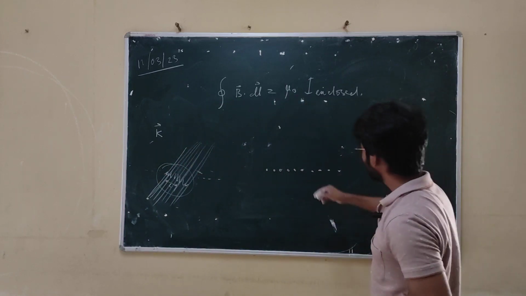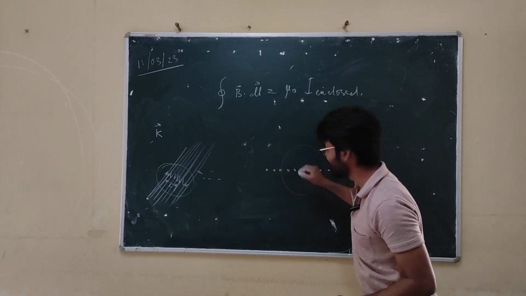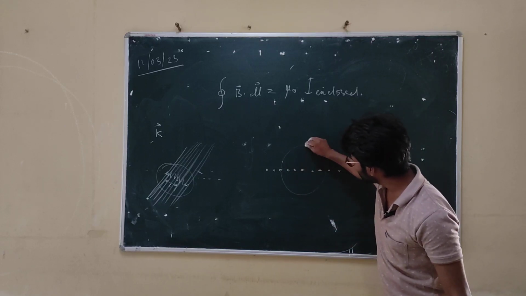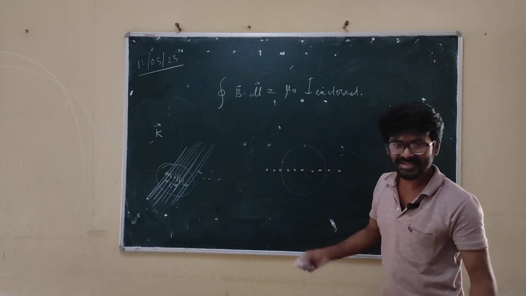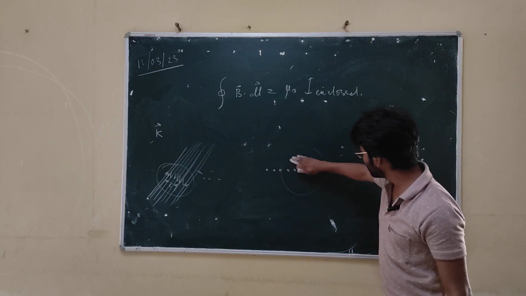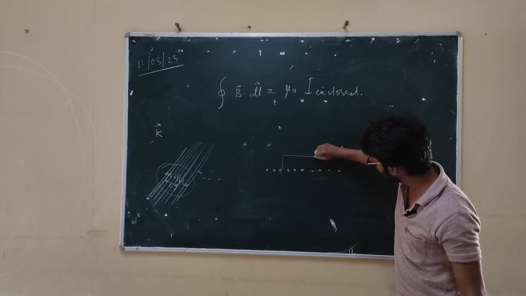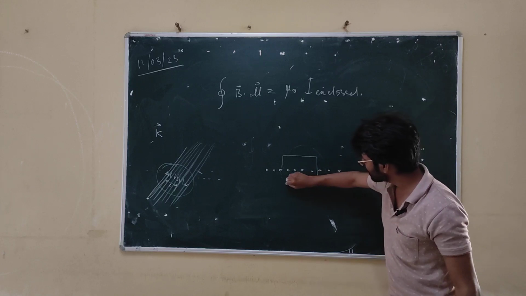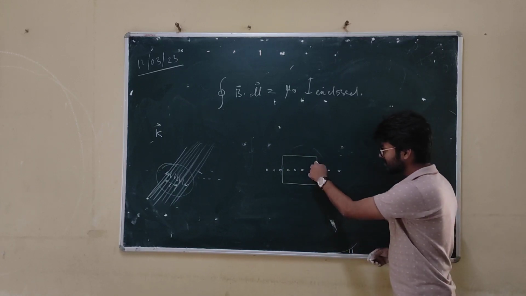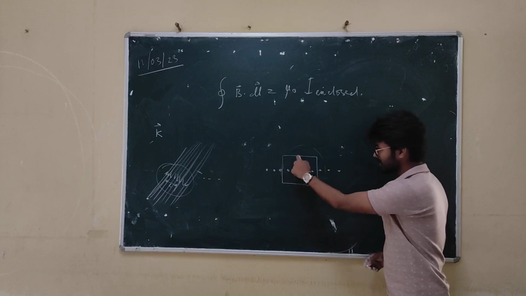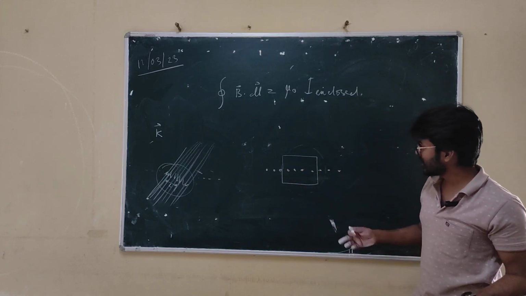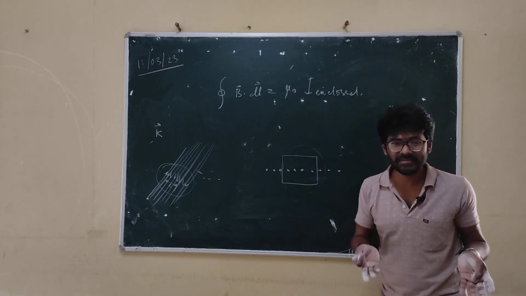Just like the electric field case, you can take a loop like this. Now, of course, this piece is not symmetric, but these two are. And the good thing is that this piece will not have any contribution.